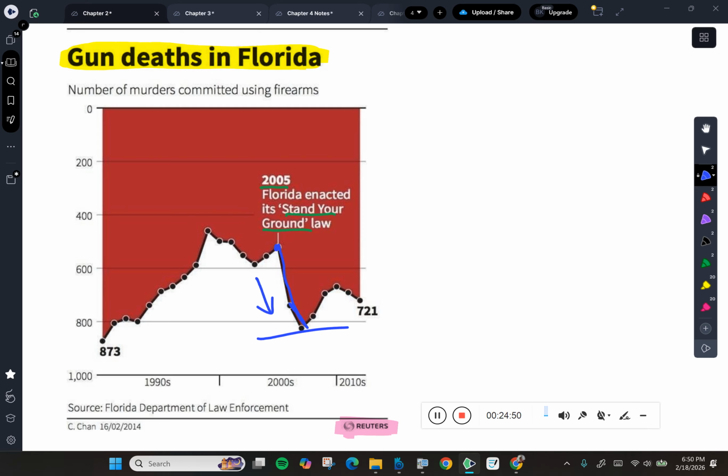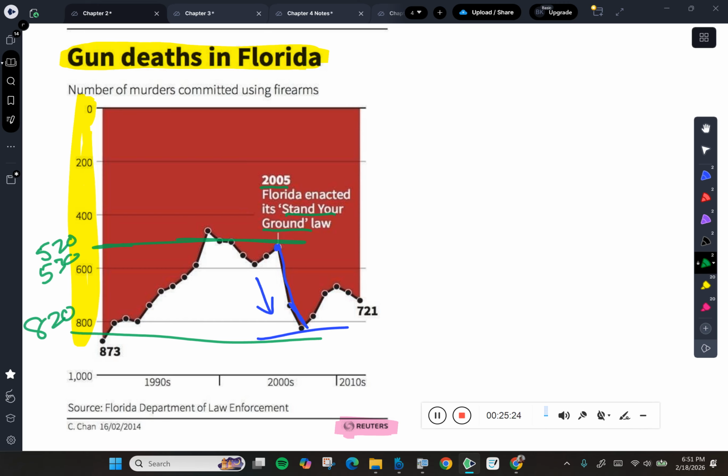But then if you look at it a little bit longer, you'll notice that whoever made this put the scale upside down. Instead of going down meaning less, going down means more. So what looks like a drop in gun deaths actually means that it went from about, what is that, maybe 520, 530 to over 800, 820 maybe.